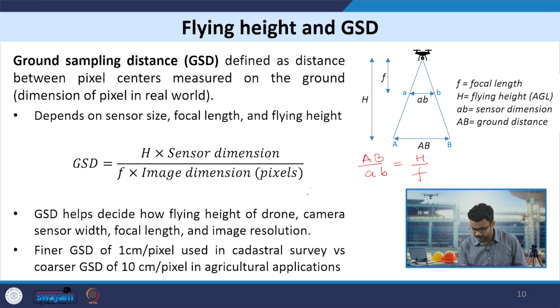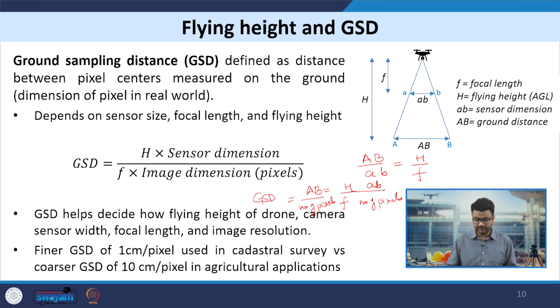We can also say therefore that AB is equal to H by f into small ab, and if we assume that small ab refers to the sensor dimension, then capital AB refers to the size of the image on the ground. If we divide both sides by the number of pixels in that dimension, then this is equal to nothing but the ground sampling distance.